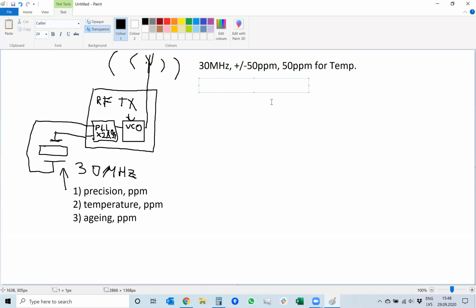So 30 times 50 equals 1,500 hertz, equals 1.5 kilohertz, which is the offset from the center frequency because of manufacturing.